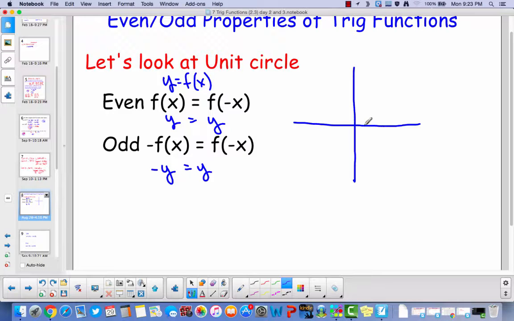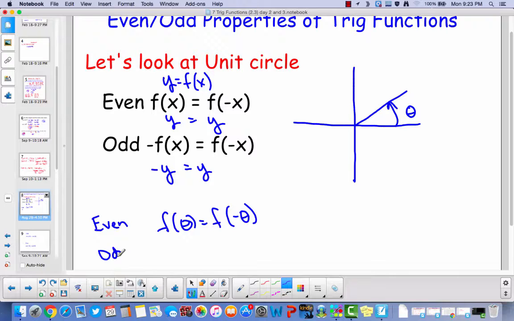Again, think of it this way. Here's my theta. So you can really think of this as f of theta equals f of negative theta for an even function.